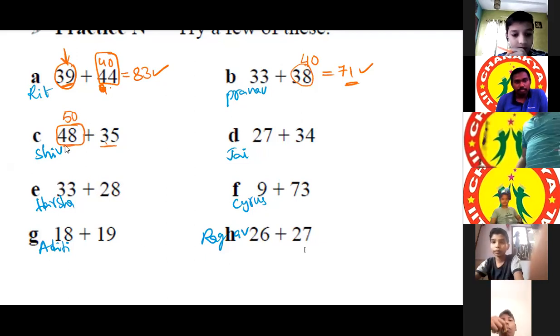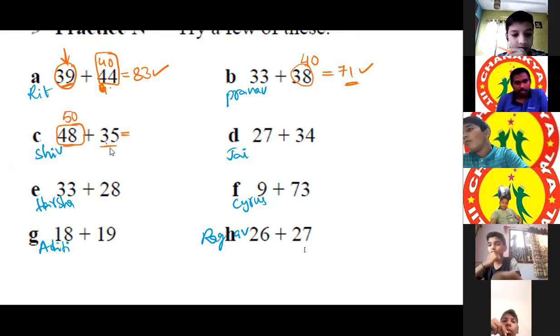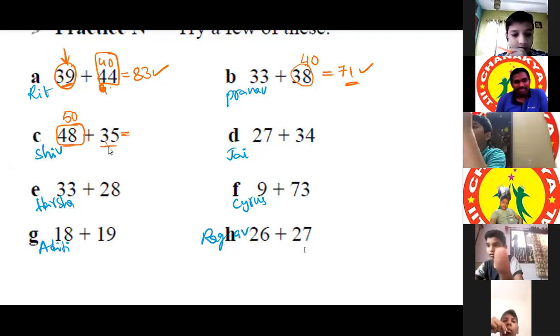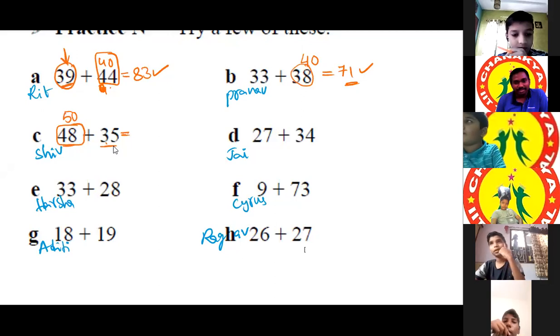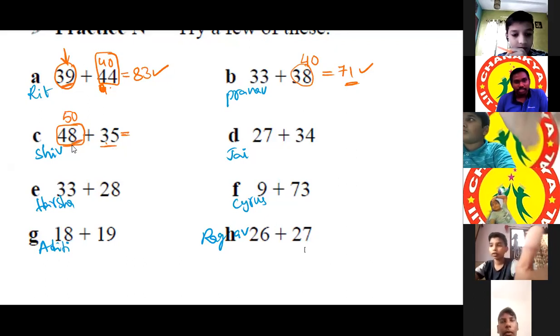Explain. Proceed. Sir, 50 plus 35 is equal to 85. Yes, sir, 85. Because we have added 2 extra, we'll reduce that 2. Answer will be 83. That's all.